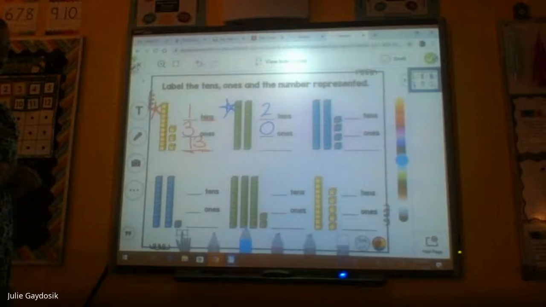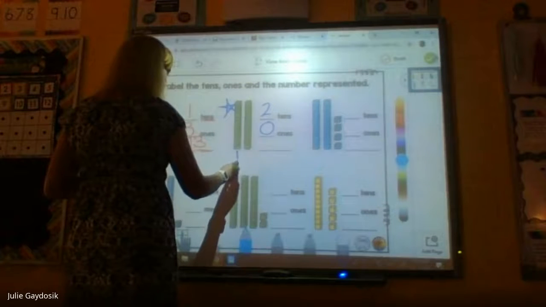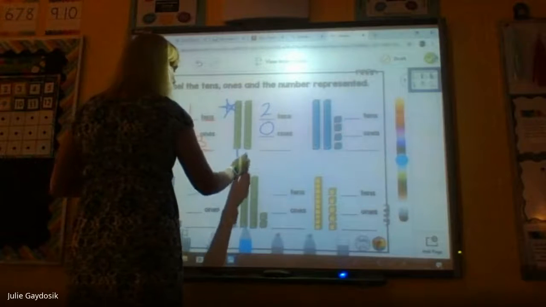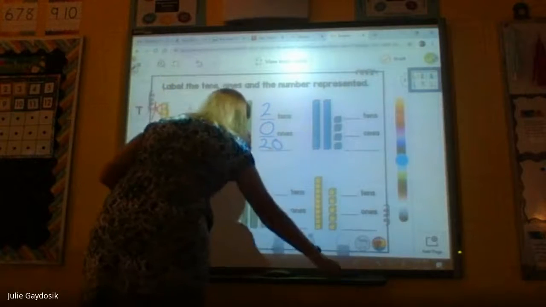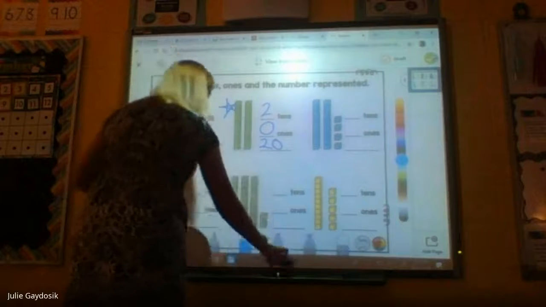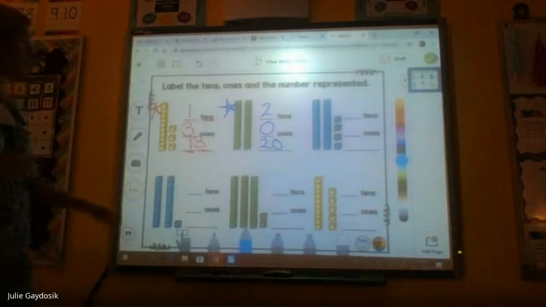What is the total number? You would count by tens. 10, 20. So the total number is 20 because I counted by tens, right? 10, 20. Okay, so there's 20 here.